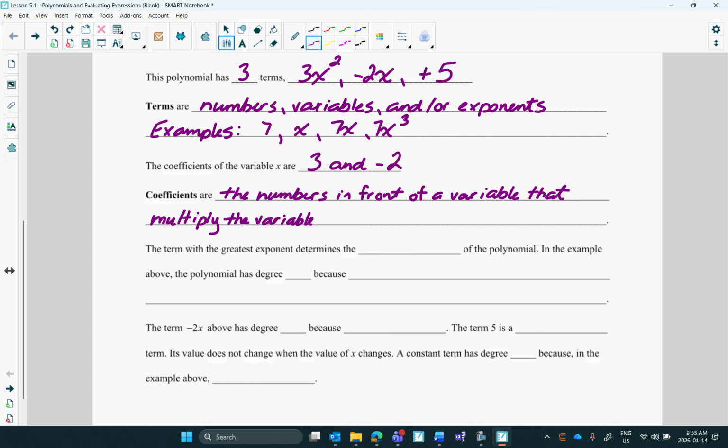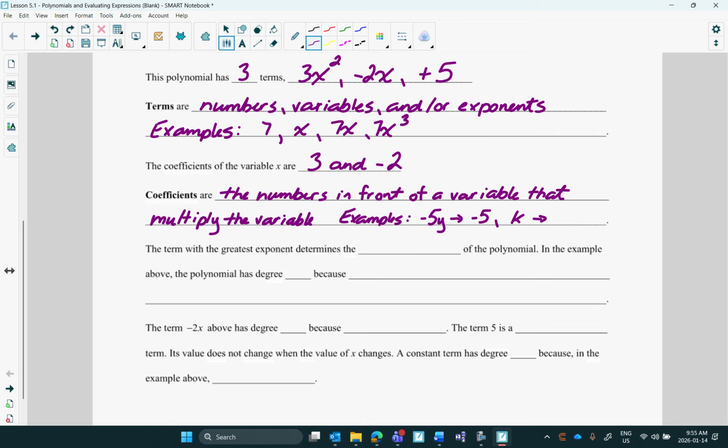What if I gave you, for example, negative 5y? The coefficient would be negative 5. What if I said k? What's the coefficient of k? What number is in front of k? We just don't need to write it.